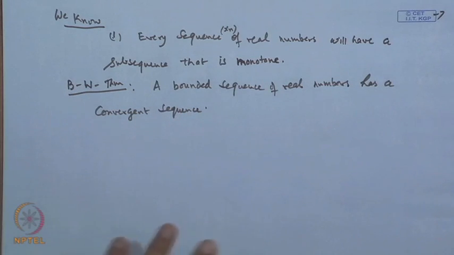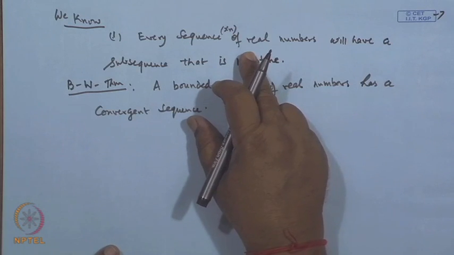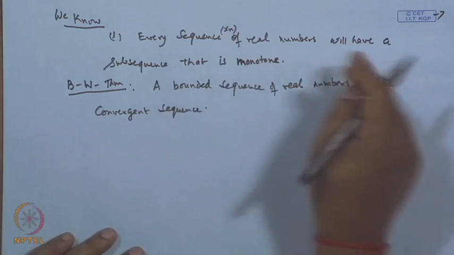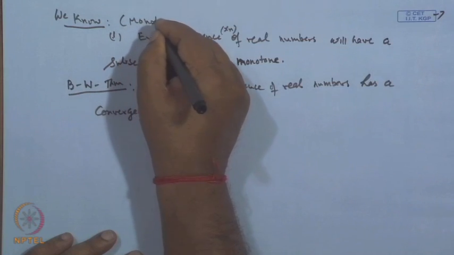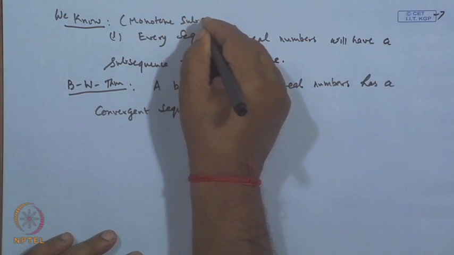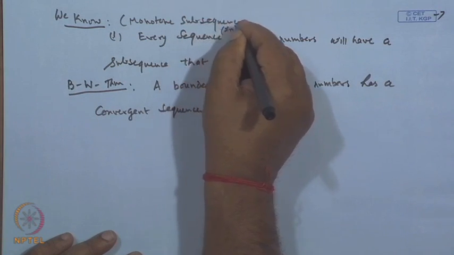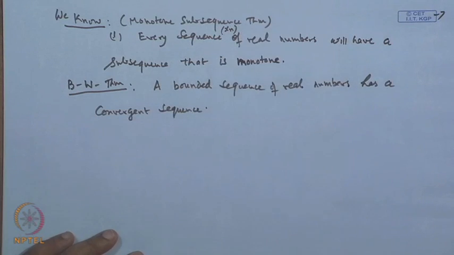So, both these results, the monotone subsequence theorem and the Bolzano-Weierstrass theorem, give a rough idea about some of the subsequences, but they do not give the total idea about the entire sequence.